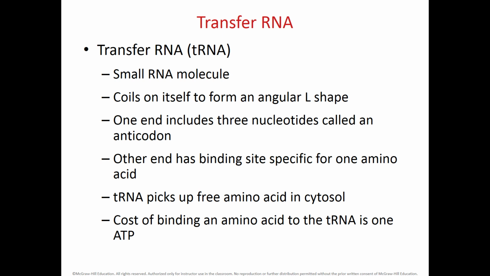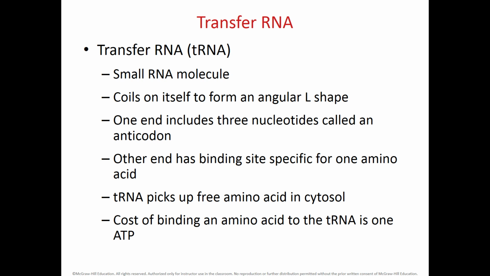Now, the transfer RNA is the smallest of the RNA molecules, and it will coil on itself, making a structure that looks like an L. At one end, you have 3 nucleotides, or the anticodon, that are going to match the messenger RNA codons, and at the other end, the tRNA is going to bind to the specific amino acid that was coded in the messenger RNA.